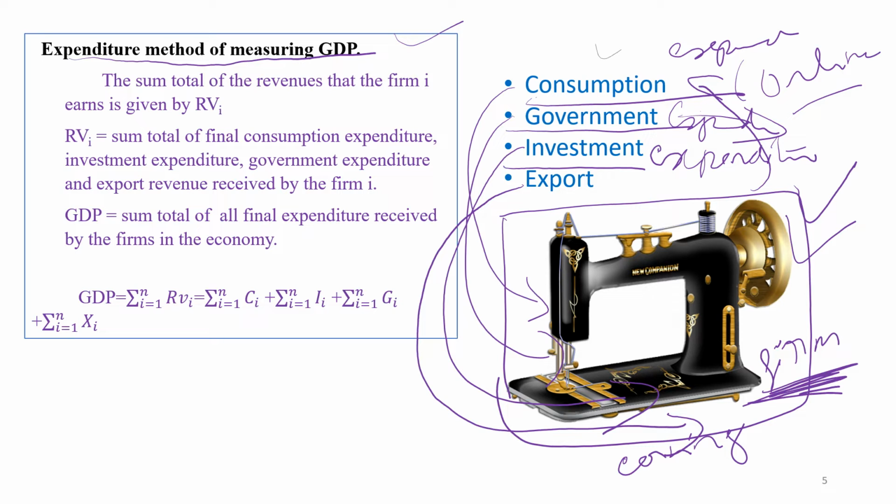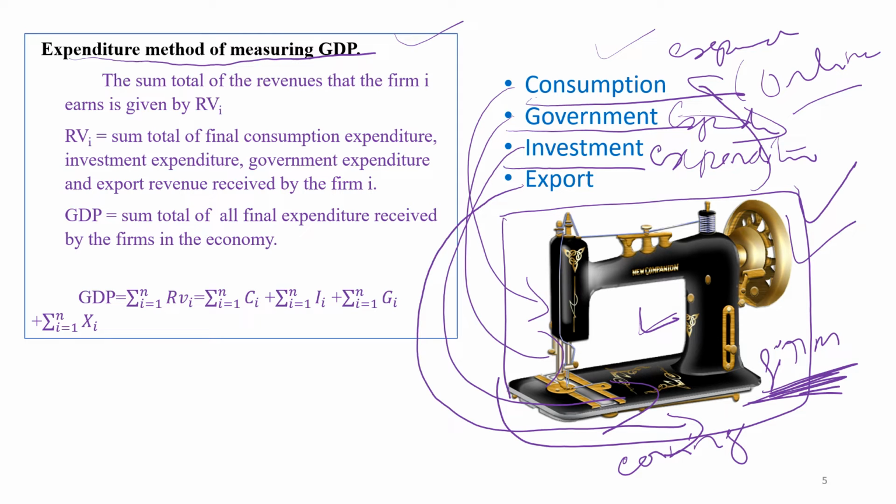I hope you understood this example. So there is a firm that manufactures sewing machines. If consumers purchase, it is called consumer expenditure. If the government purchases, it is called government expenditure. For private investors, the example I took is garments. For garments they need a sewing machine, and if they make an investment in this as a capital good, then it becomes investment expenditure.